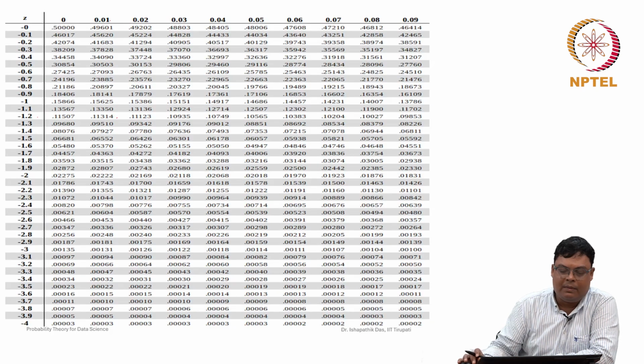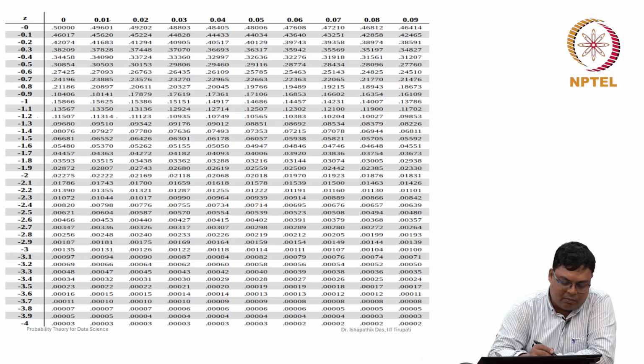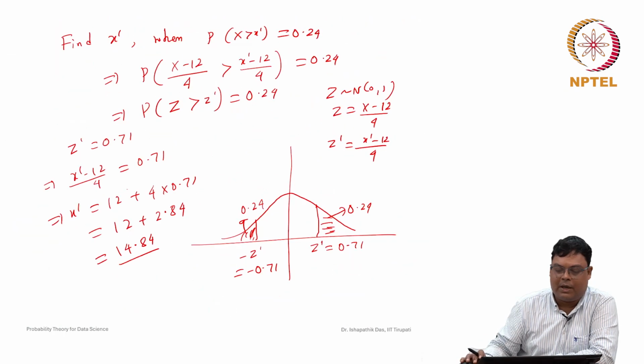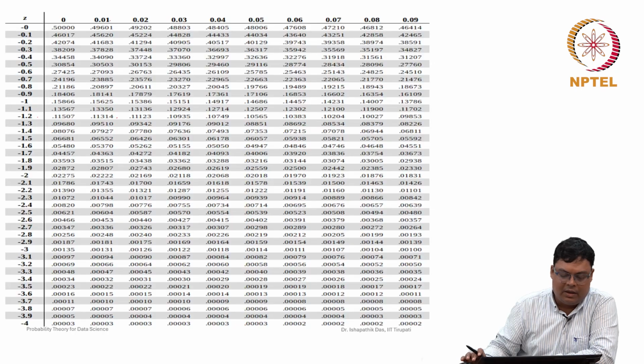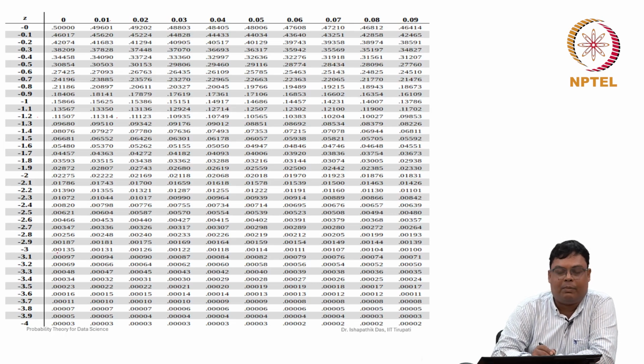We find this from the table: z less than or equal to minus 3 is 0.00135. So you can see here minus 3, this value is 0.00135.